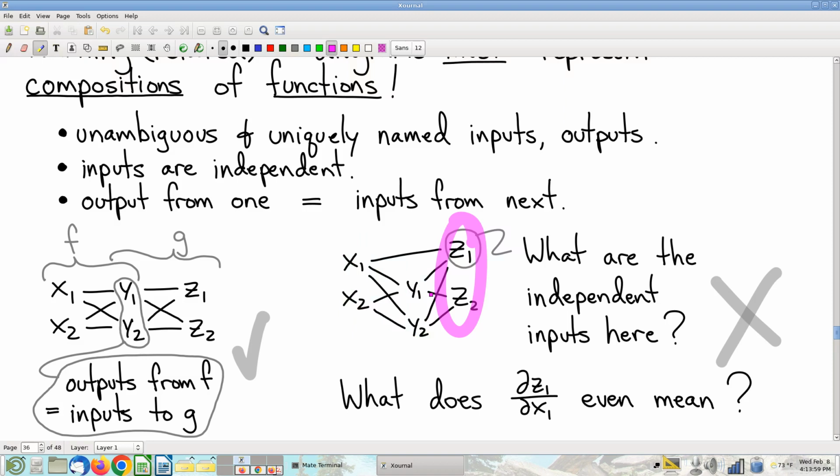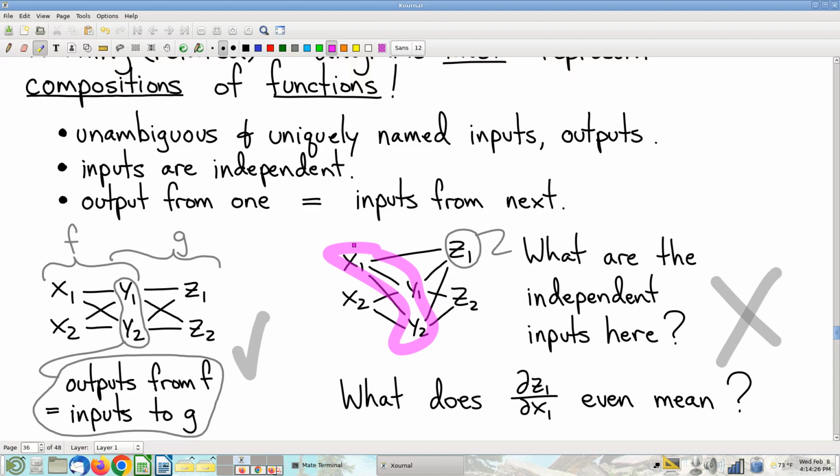Z1, for example, is a function of x1, y1, and y2. So the variables that go out of the first function are not exactly the same list as the variables that go in to the second function. I don't know what this is. It's not a composition of functions as we've got it written here. Does that make sense to everybody?